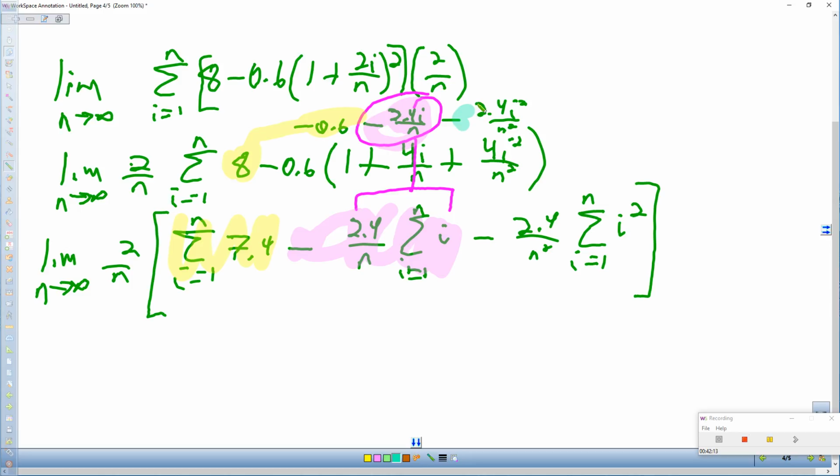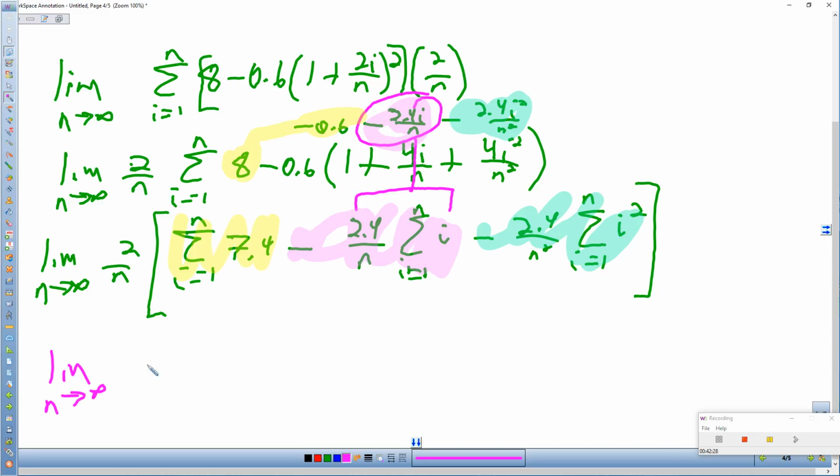Should you pull 7.4 out? It doesn't matter, because the constant 7.4 just becomes 7.4n. So I'm going to have the limit as n goes to infinity of 2 over n times 7.4n.